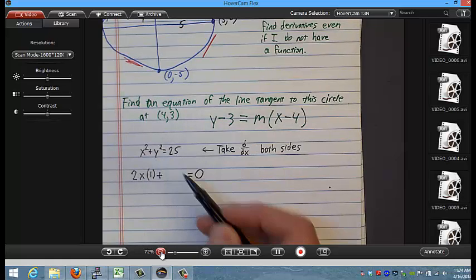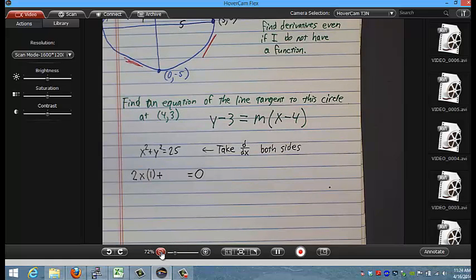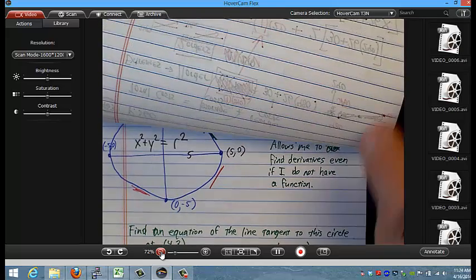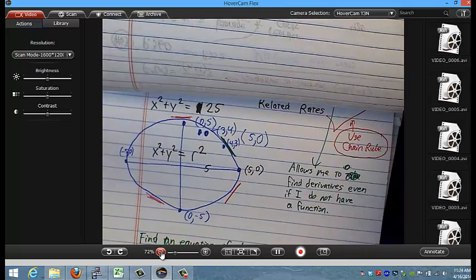When I take the derivative of y squared, this is a little bit interesting. See, y is usually a function of what? Now, I understand in the picture y is not a function of x. We don't have a vertical line test. I understand that.